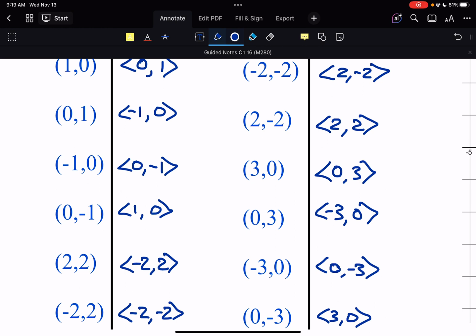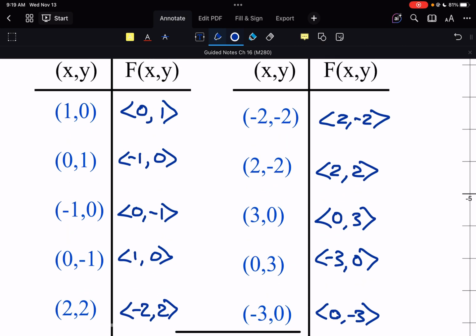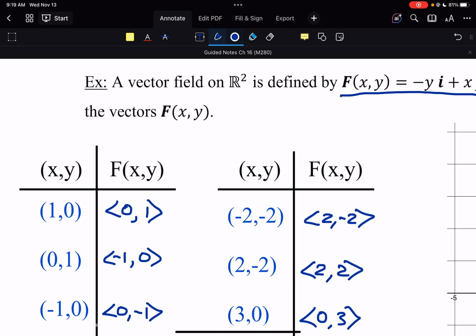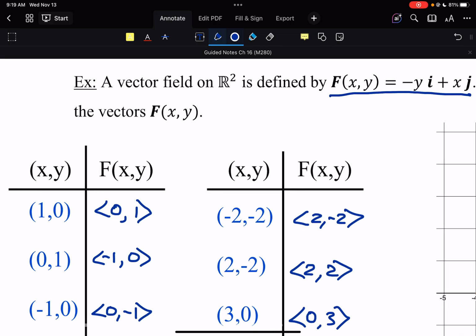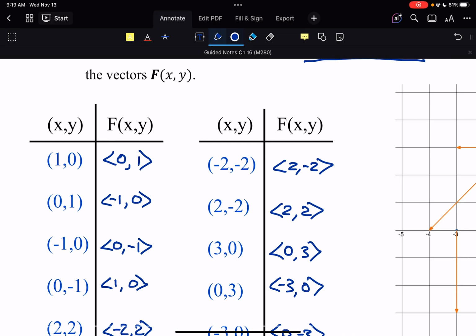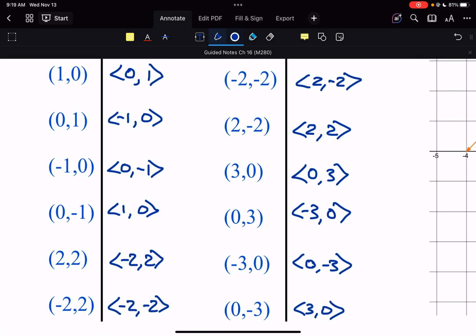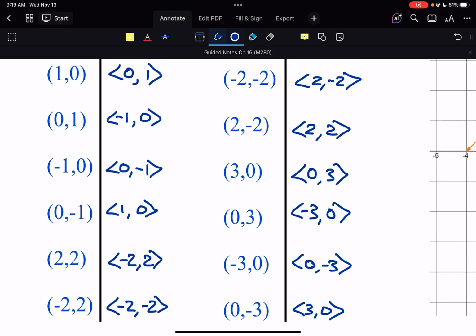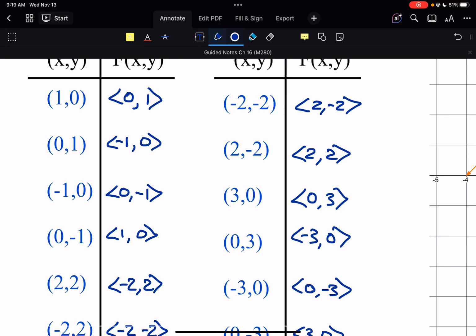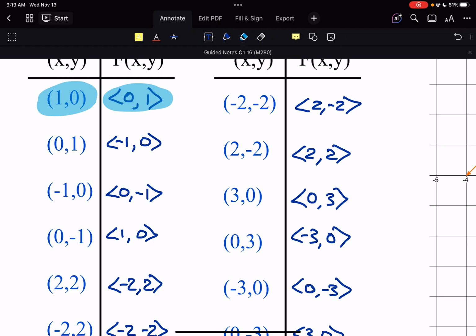Again, I found all of these simply by plugging in the point (x, y) into that formula for the vector field F. Now, what we would do is start at the point and then graph the vector from that point. So we would start at the point (1, 0), and then graph the vector (0, 1) using that as its starting point.